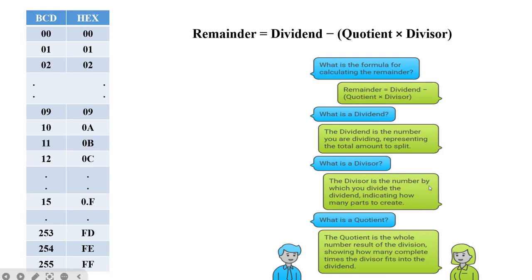The divisor is the number by which you divide the dividend, indicating how many parts to create. And the quotient is the whole number result of the division. We'll be using the dividend, quotient and divisor in the program, and also the remainder.